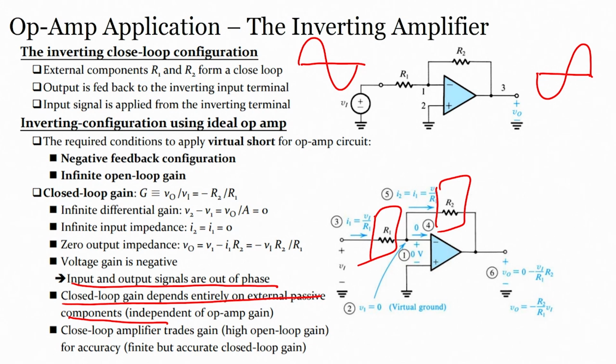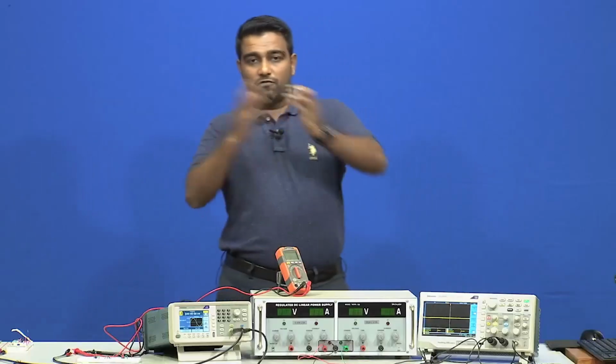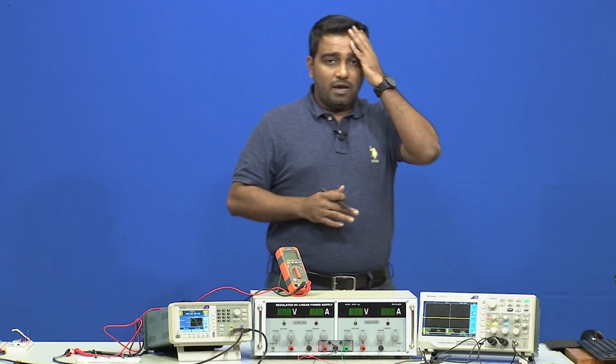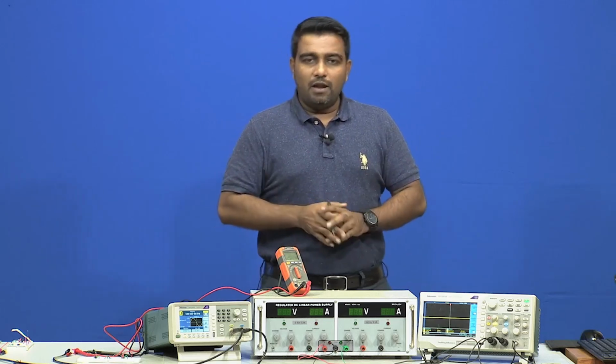Next, the closed loop amplifier trades high open loop gain for accuracy: finite but accurate closed loop gain. What does that mean? When you talk about an amplifier, there are two types of feedback we have seen: negative feedback and positive feedback. If you keep on applying positive feedback, the amplifier will not really work as an amplifier, it will be an oscillator.